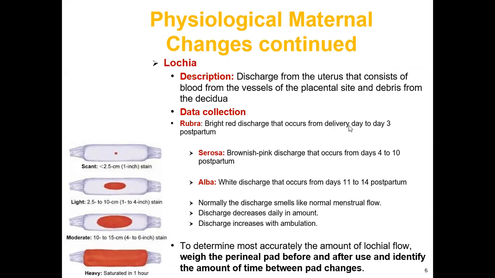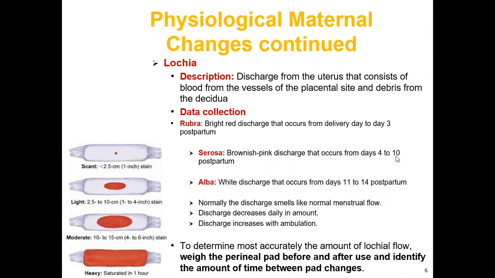That occurs on delivery day, day 2, day 3, the 1 to 3 days postpartum. Rubra has no odor or a slightly fleshy odor. Four to 8 pads per day is normal. Serosa is pink or pinkish brown, a serous discharge, usually from day 4 to 10.